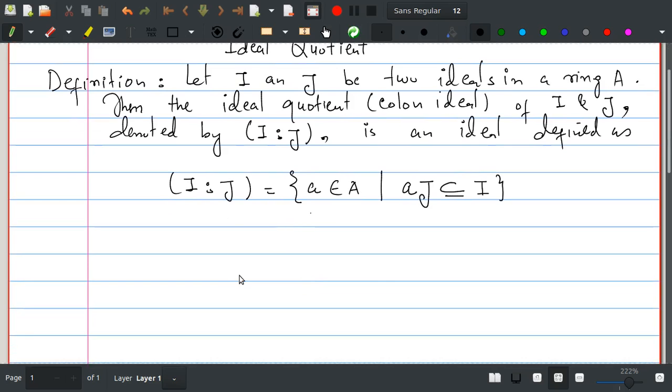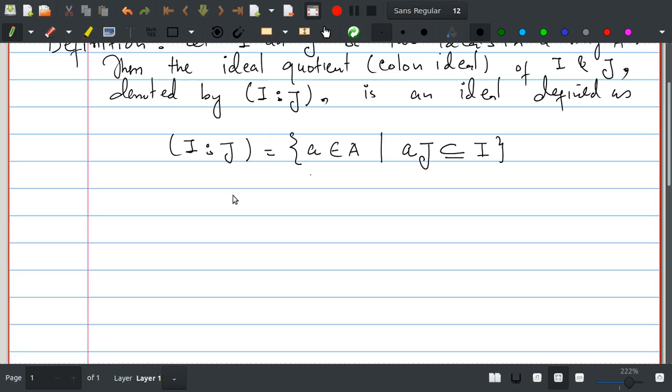This is an easy exercise to verify that this is what we call an ideal.